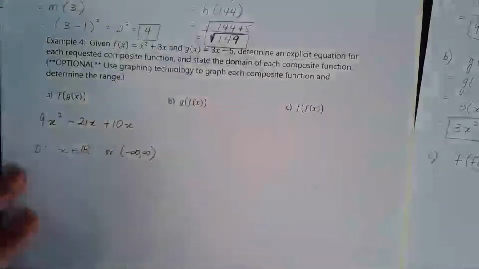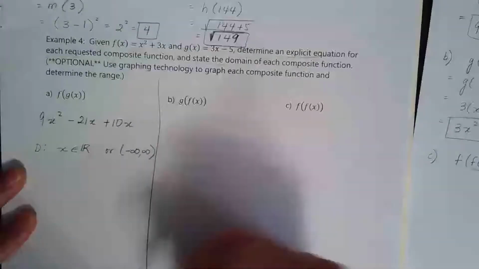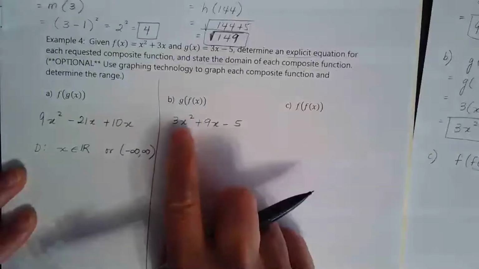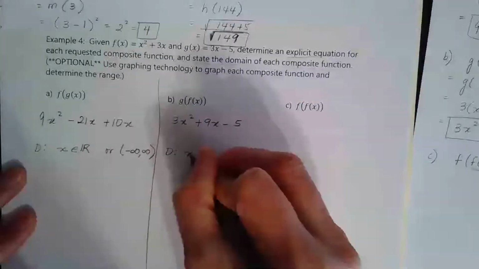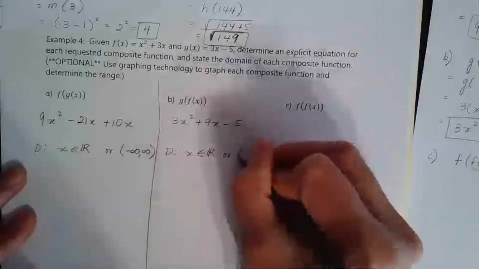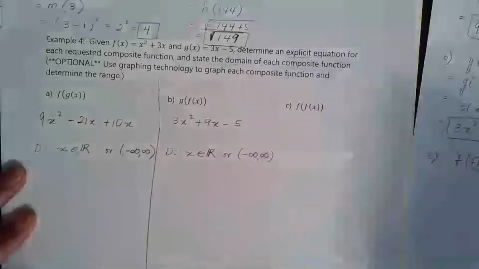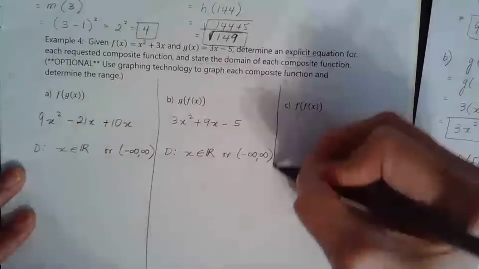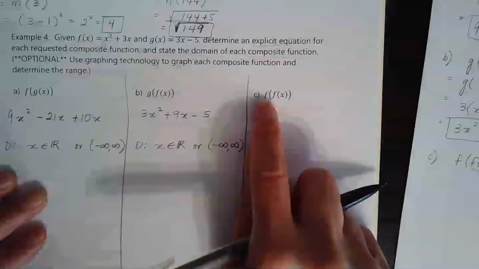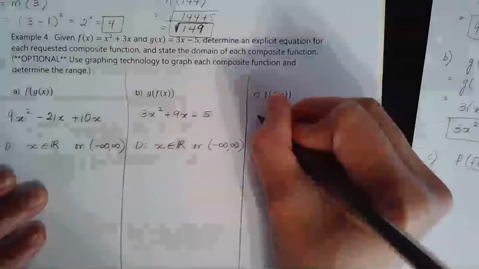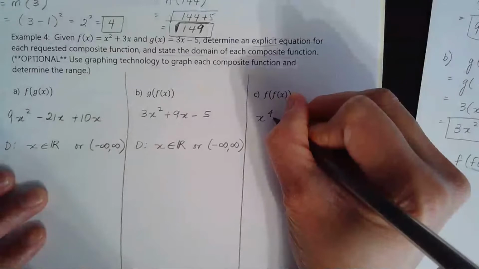So this is the domain. Okay, now over here is g of f of x. We found that the explicit equation would be 3x squared plus 9x minus 5. Again, that is a quadratic function, so that tells us that the domain is x as an element of real numbers.